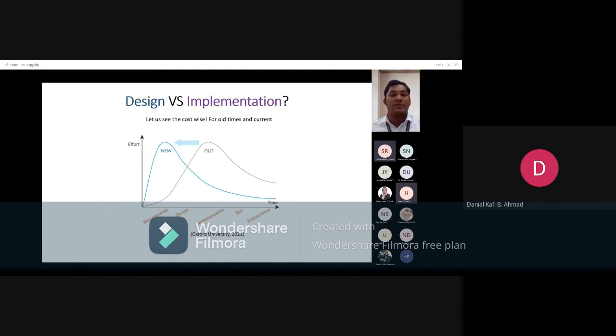So not much focus on the design, which has caused a lot of wastage of money, as compared to the current method, the new trend, where we focus on the design because we want to see the logical representations. Because logically, we will spend a lot of money on implementation because we will use a lot of tools. So we are moving from the old to the new.